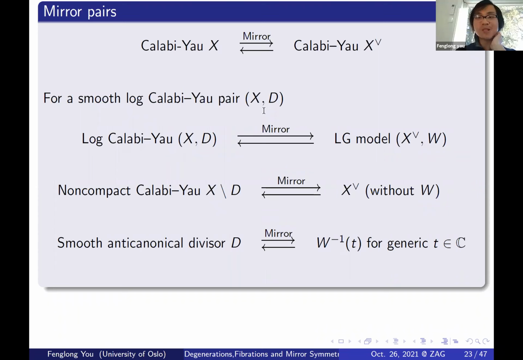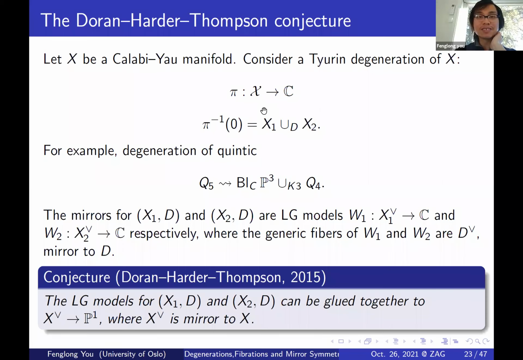Okay, and there's a conjecture that states if we have a degeneration of a Calabi-Yau into two pieces, so X is a Calabi-Yau degenerated into X1 and X2.